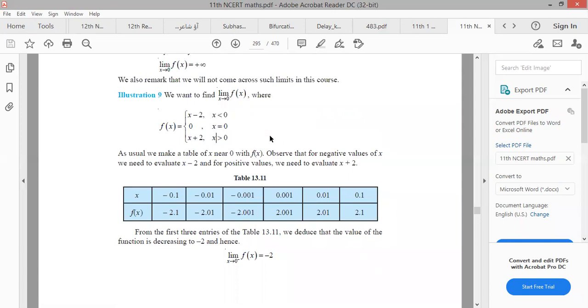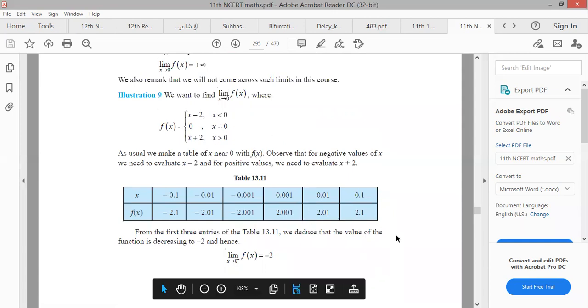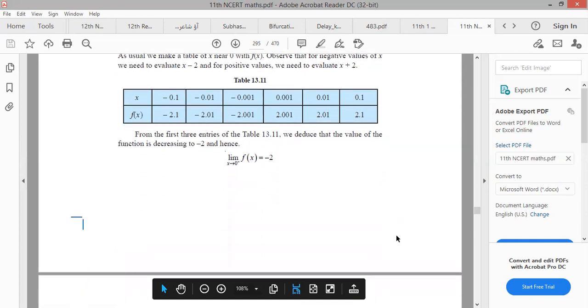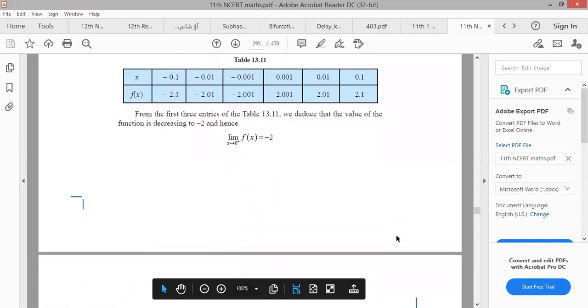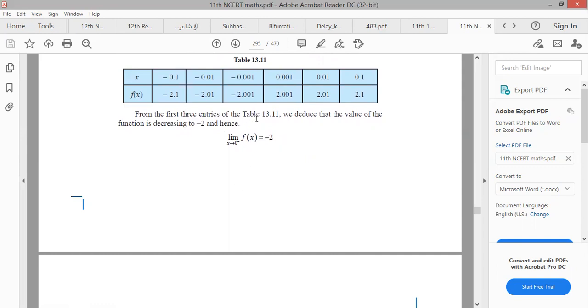So it is 2.001, 2.01, and 2.1. From the first three entries, you see that the left hand limit as x tends to 0 is equal to minus 2. These values are very close to minus 2. But for the right hand side, from the last three entries, they are approximately equal to 2.